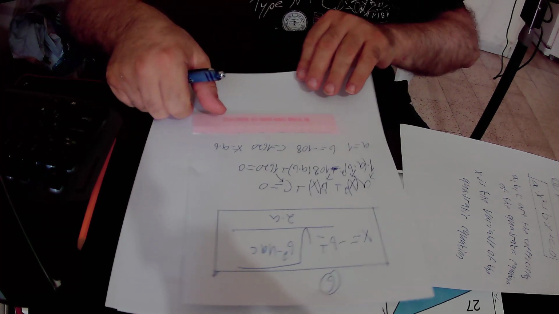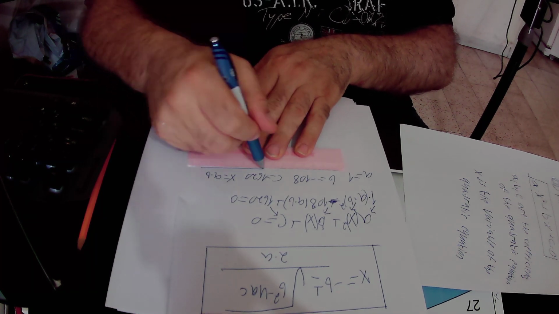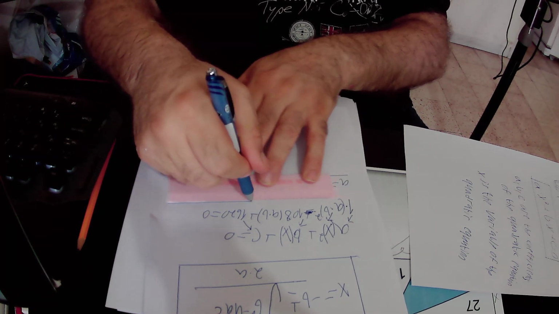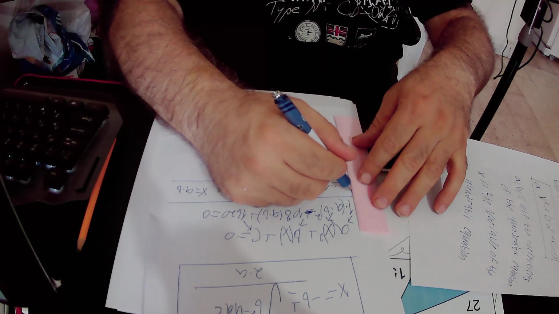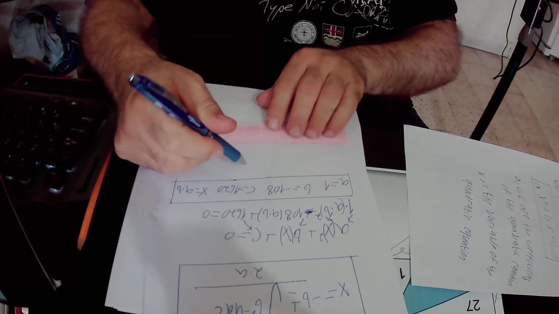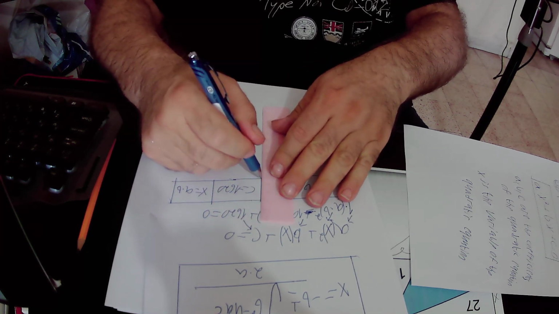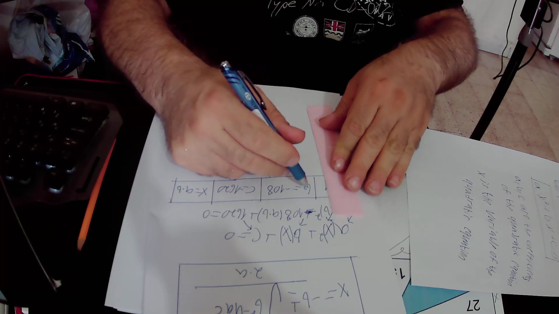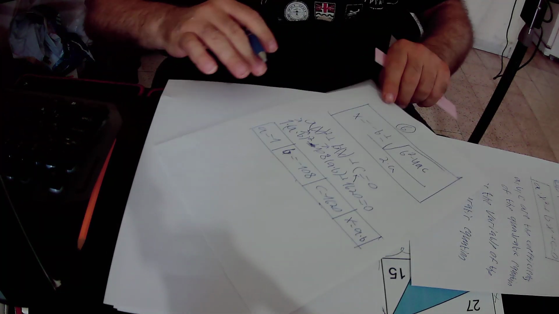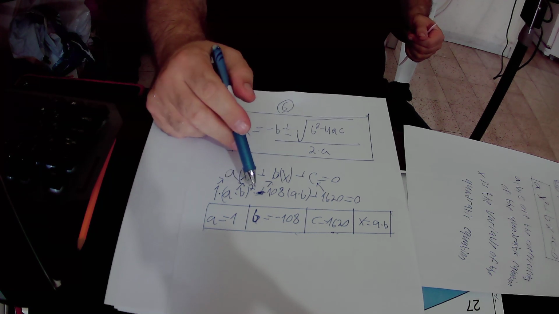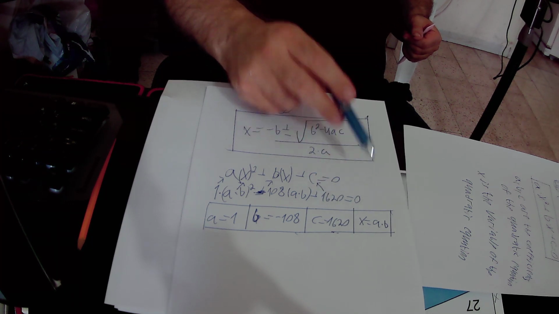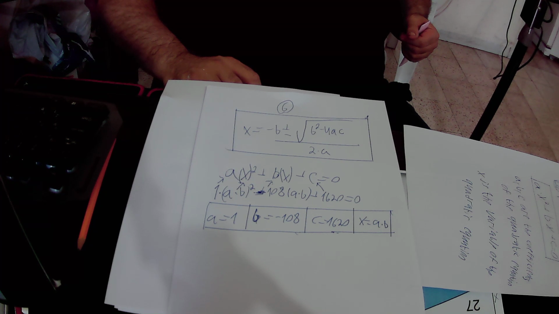Okay? So A equals 1, B equals negative 108, C equals 1620, and X equals A times B.